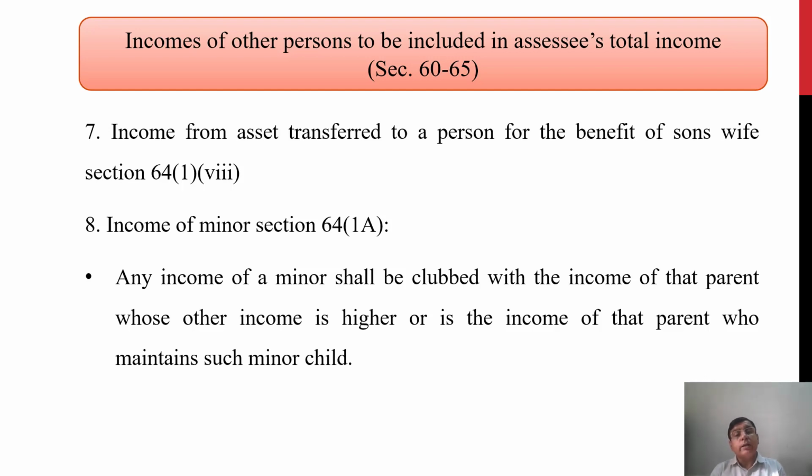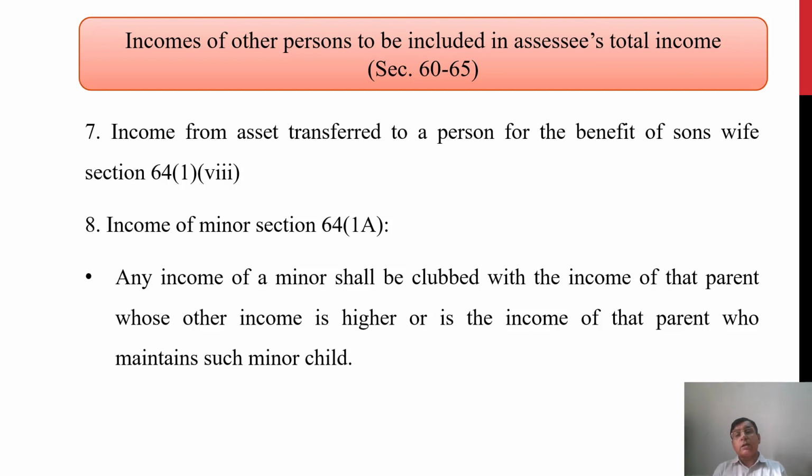Income of the minor under section 64 subsection 1 clause A. Under this, any income of the minor shall be clubbed with the income of that parent whose other income is higher, or the parent who maintains the minor child.